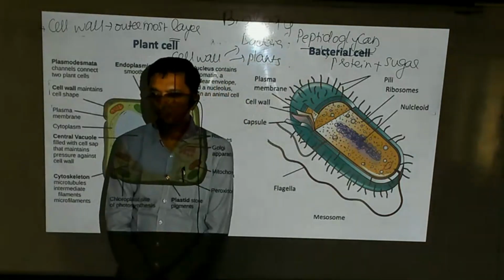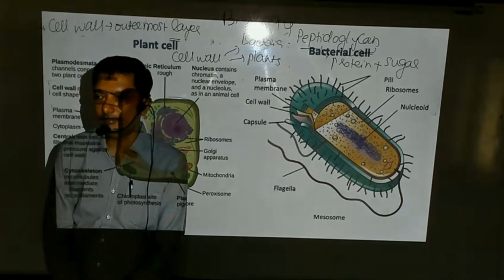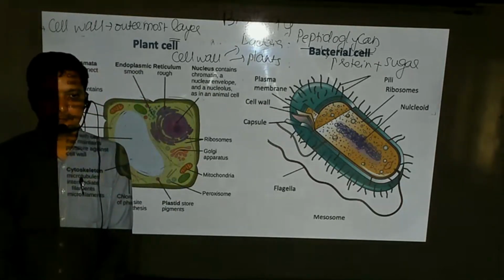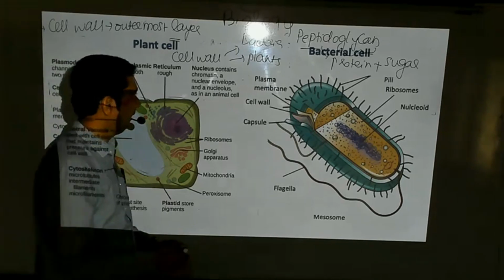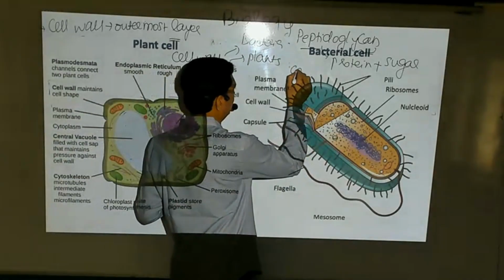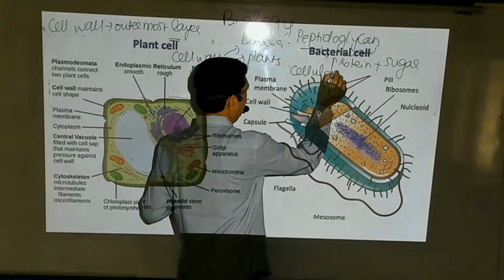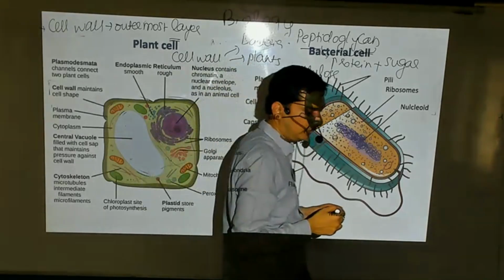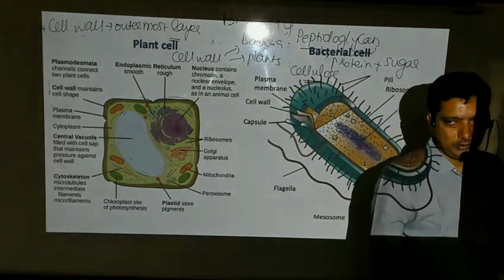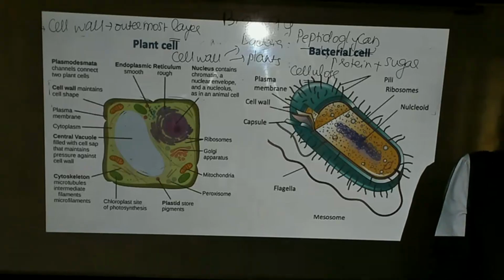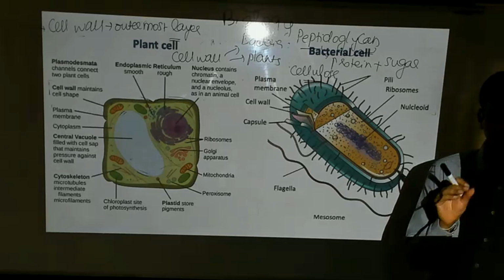What about in plants? What is the plant cell wall made up of? Plant cell wall is made up of cellulose. Mainly plant cell wall is made up of cellulose. There are other parts as well, like hemicellulose, lignin, pectin. But what I want you to remember is cellulose.